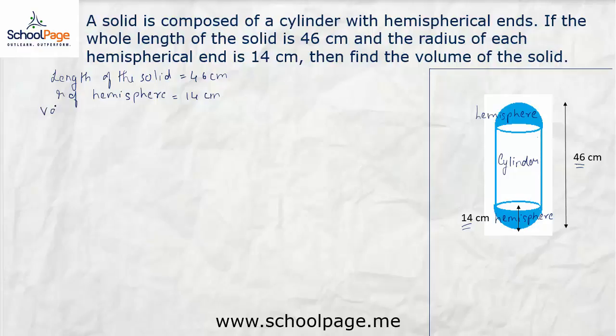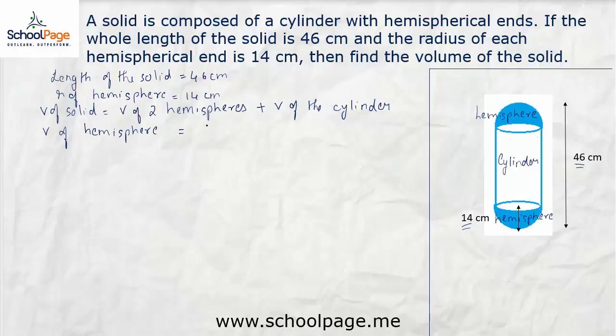Now to find the volume of the solid, we have to find the volume of the two hemispheres and we also have to add to the volume of the cylinder. Let us first find the volume of the hemisphere. The volume of the hemisphere can be got by the formula 2 by 3 pi r cube. Because we have two hemispheres, so we multiply it by 2.